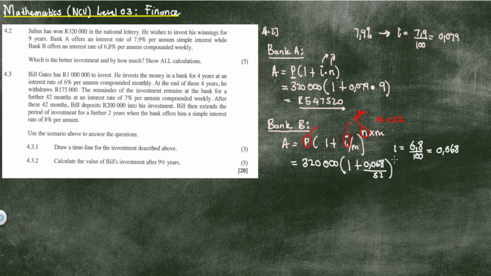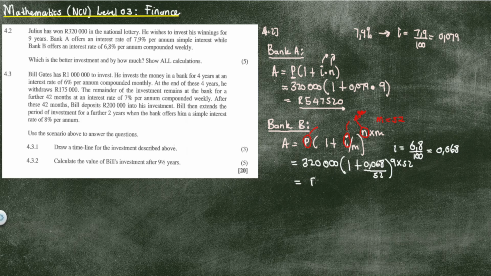How many years? 9. So it's 9 multiplied by M, the compounding period, 52. Let's calculate: 320,000 times (1 plus 0.068 divided by 52) raised to exponent 9 times 52.